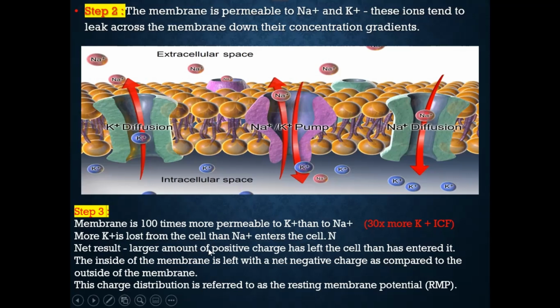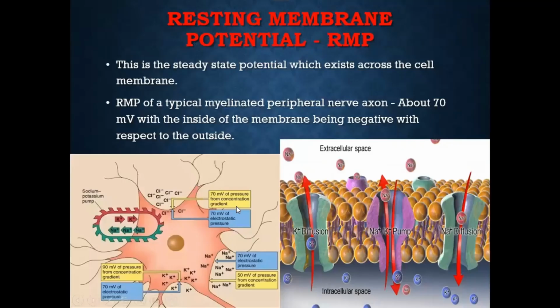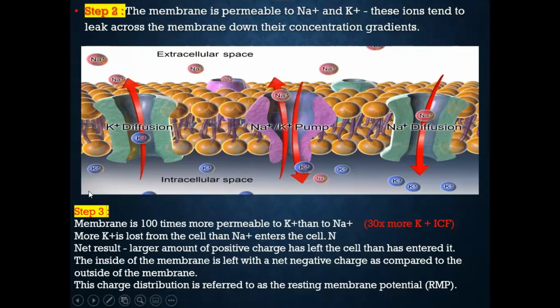Net result, a larger amount of positive charge has left the cell than has entered it. This is what I mentioned, more positive charge outside. So that makes the resting membrane potential negative. This charge distribution is referred to as the resting membrane potential. This is how the value of negative 70 comes in. So what are the factors that contribute to it?